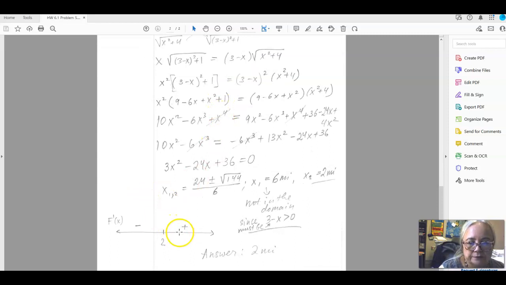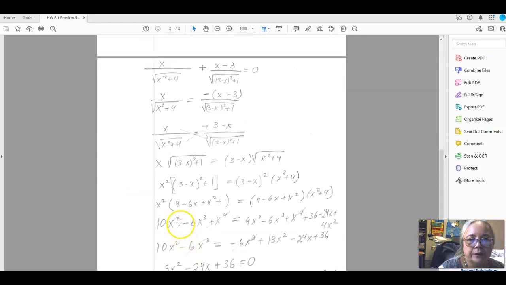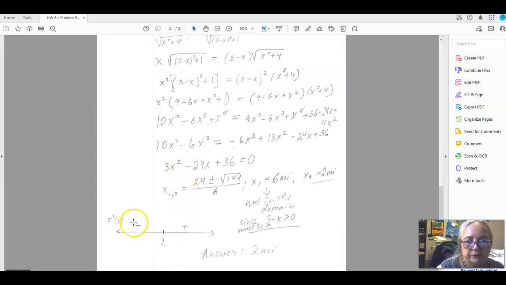And when you plug in something from here, you got x equals 3, you got this one is 0, and here you have 3 over square root of 3 squared plus 4, so positive. So that means that the function here is decreasing and the function here is increasing.